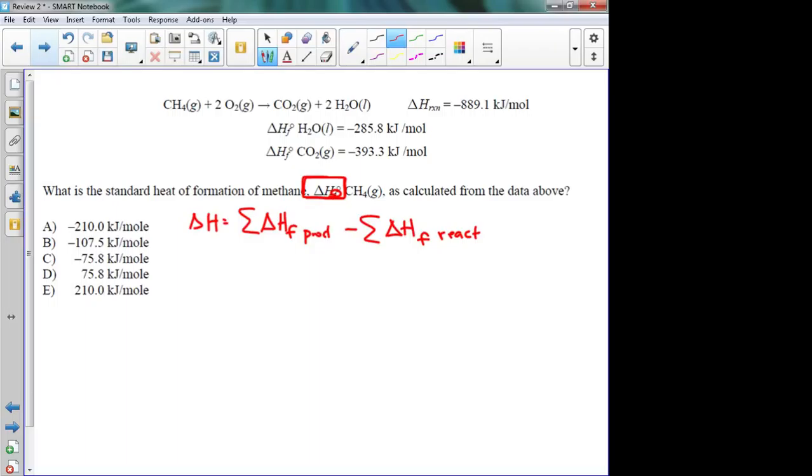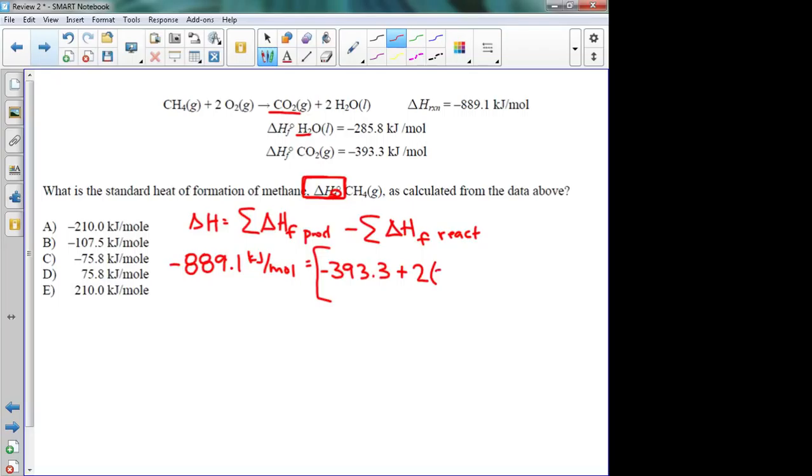All right, so they told me delta H of the reaction was negative 889.1 kilojoules per mole. So this is equal to the sum of delta H of the products. What's CO2's delta H? Negative 393.3 plus, what do I have to do to the water?